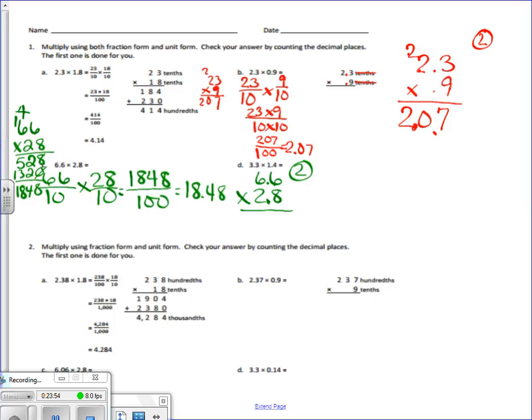And so we already know that after I multiplied it over here that it's 1,848. So your decimal needs to go 1, 2 places in.